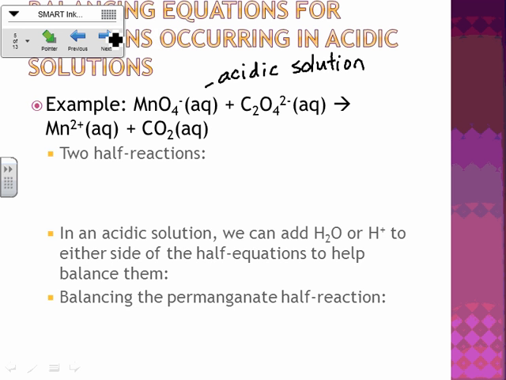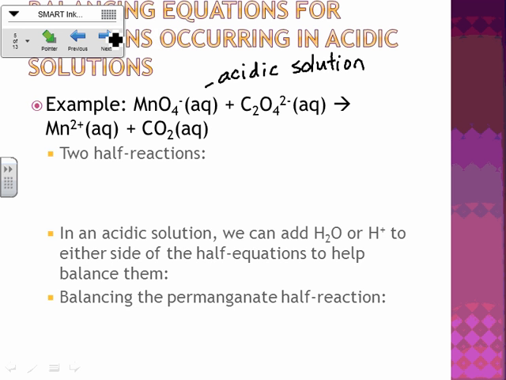Usually you can identify which 2 of these are going to go together in a reaction. Can you just take a guess by looking at it? What 2 things maybe go together in our first reaction? In other words, if I'm splitting this apart into 2 different processes, then the MnO4 minus, what might that change into that we would want to pay attention to?